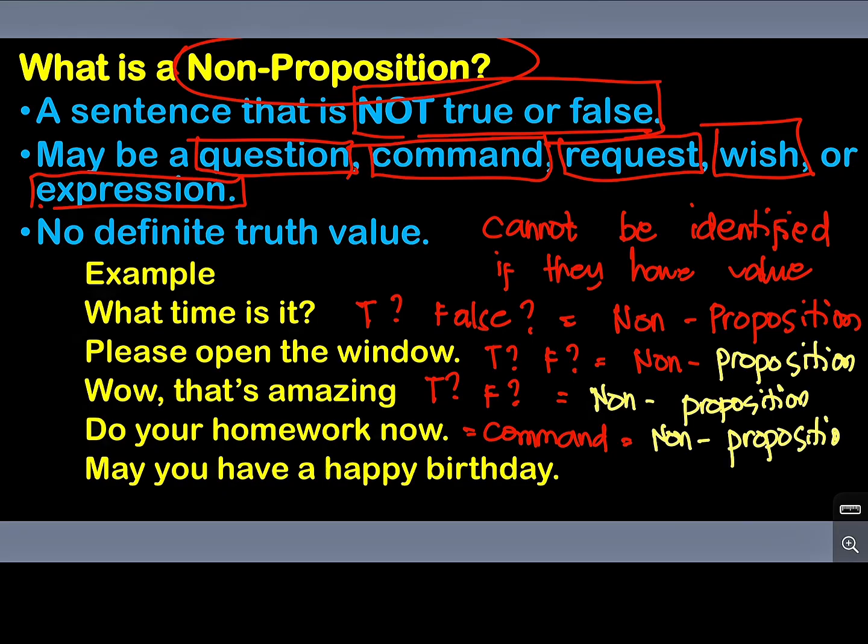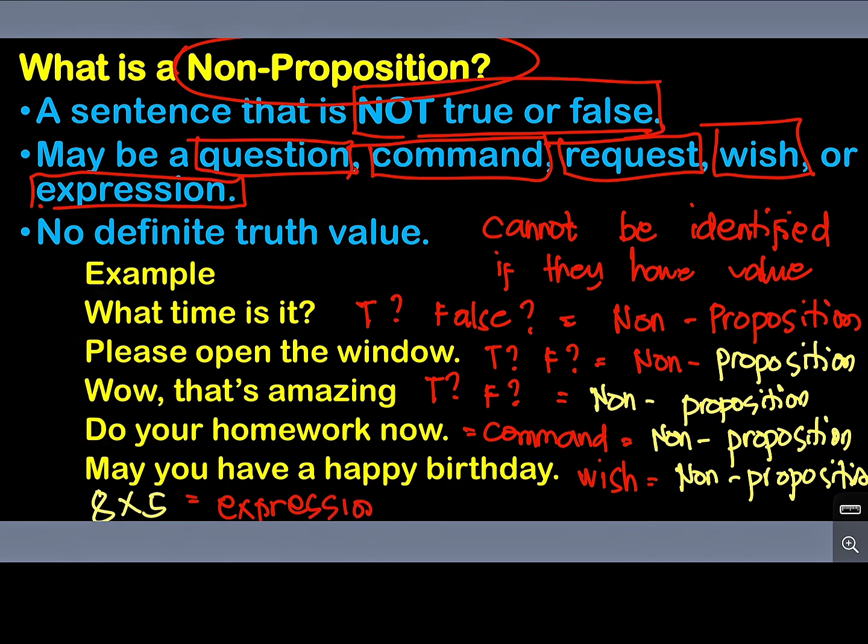So the answer is non-proposition. And that's it. Hope you understand the difference between proposition and non-proposition. We will use this as we move on to the truth table.